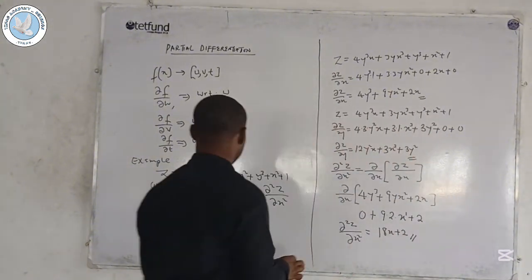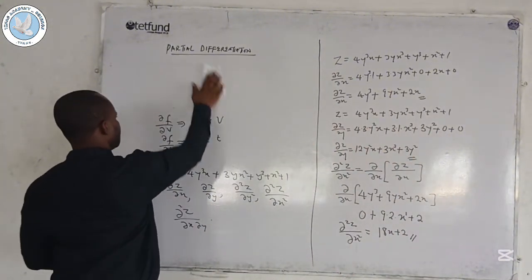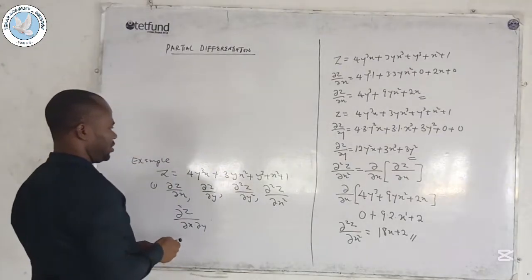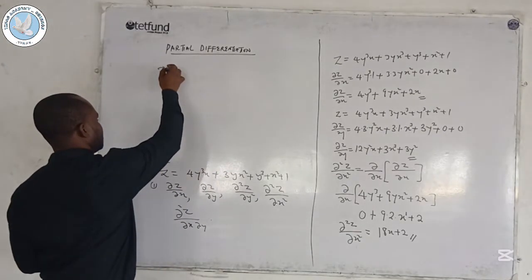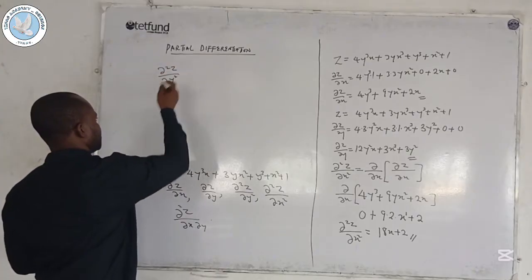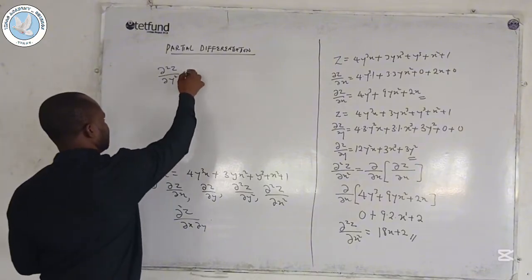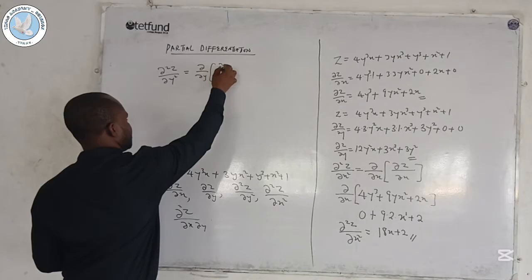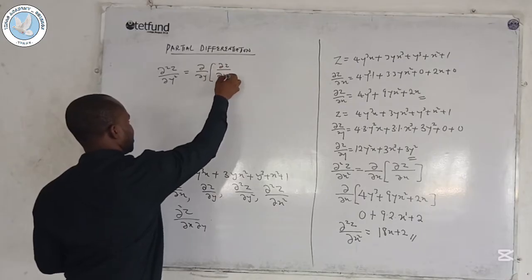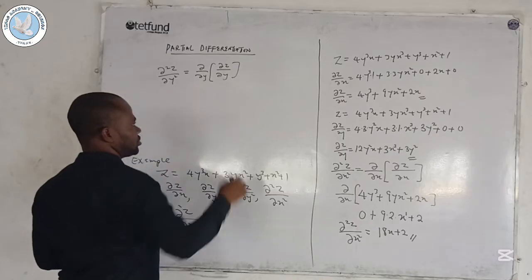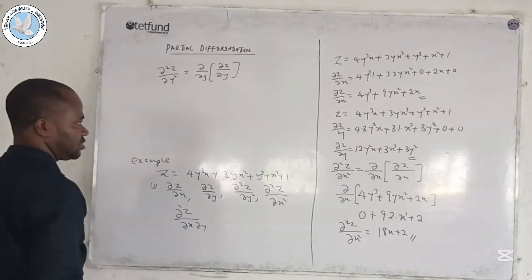So we further have to work on the other solution. So we're having that the second derivative with respect to y, and we're using a similar procedure. So this is the dz dy, and we have this already established in the previous answer.